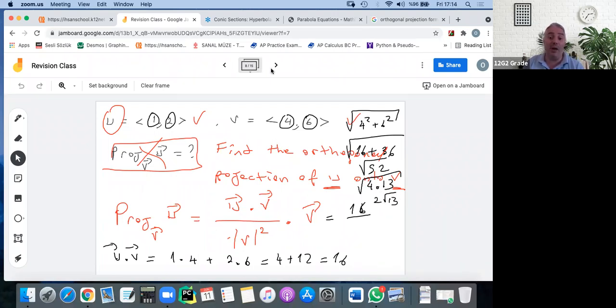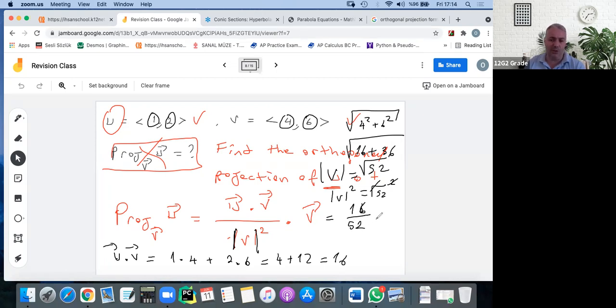But there is something, so be careful now. I have the norm to the power of 2. This is the norm, root 52, and it's to the power 2, so root 52 squared is just 52.